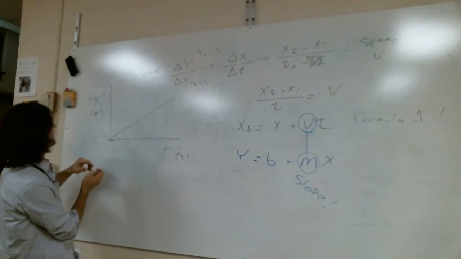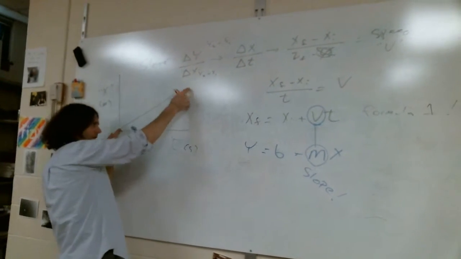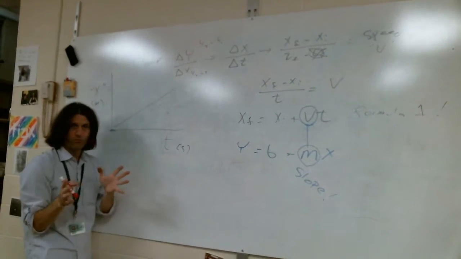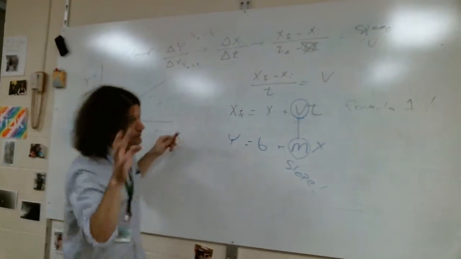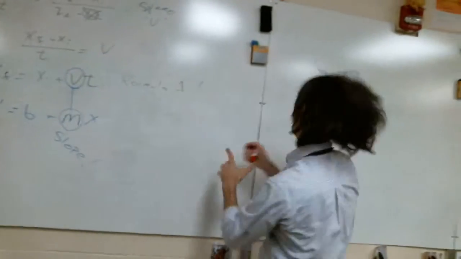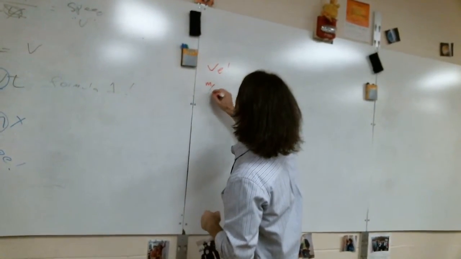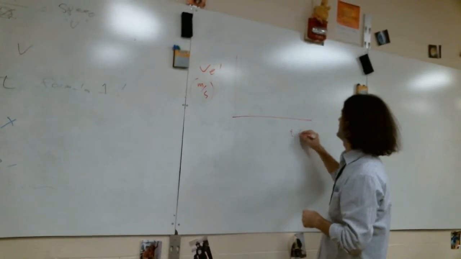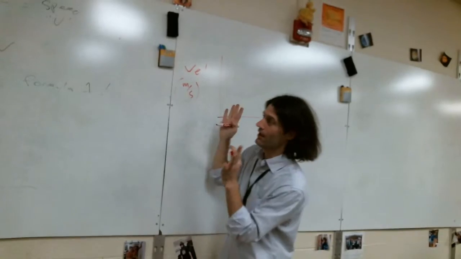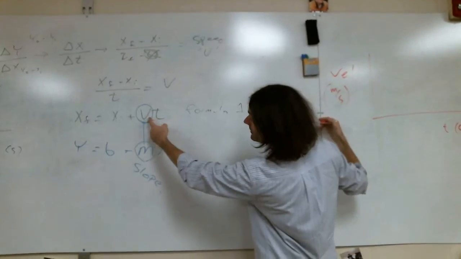Now, what if I were to make a velocity graph based on this motion? That would be a pretty constant velocity. So, a velocity graph based on that in meters per second to time in seconds would be a nice flat horizontal line at whatever value that slope is.